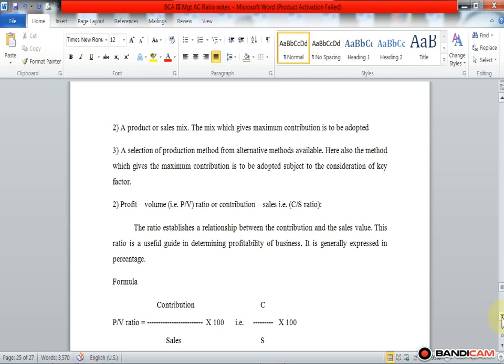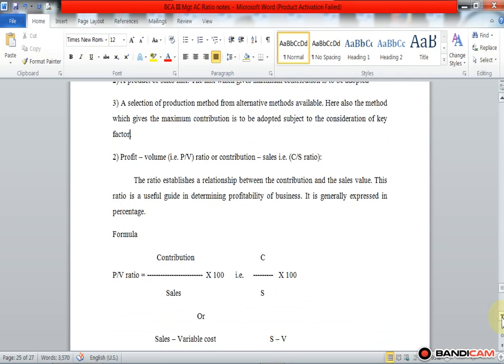So PV ratio is generally expressed in percentage, and it shows the profitability position of the organization or manufacturing concern, as well as the relationship between contribution and sales value. The formula for computation of PV ratio is contribution divided by sales multiplied by 100.